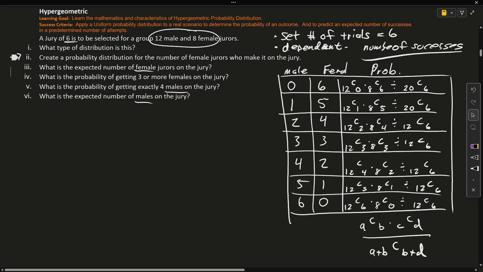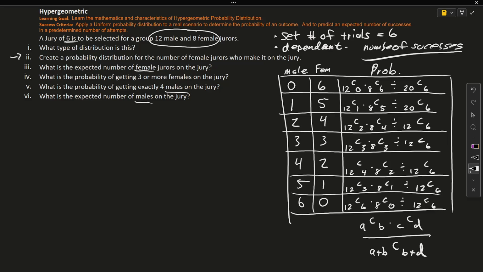Okay, so now that we've made the probability distribution, that's the second answer here. Create a probability distribution for the number of female jurors who will make it on the jury. Oh, well, actually, I probably should have placed the females on this side here, but whatever. Here's the females, there's the males. It is what it is. What is the expected number of female jurors on the jury?